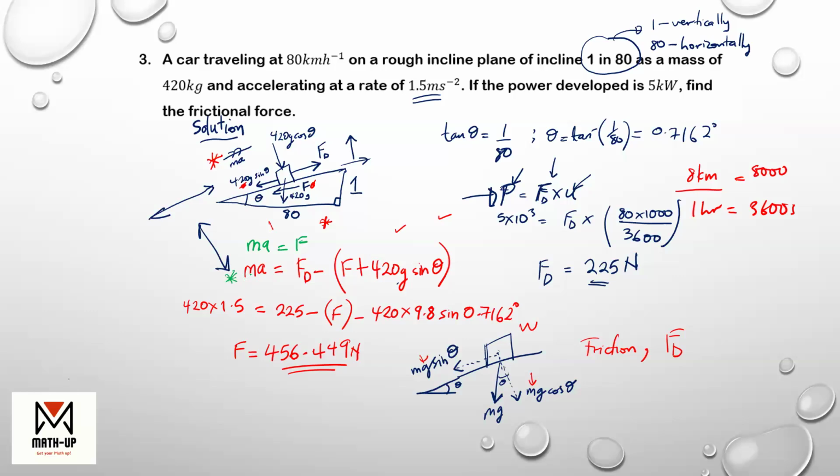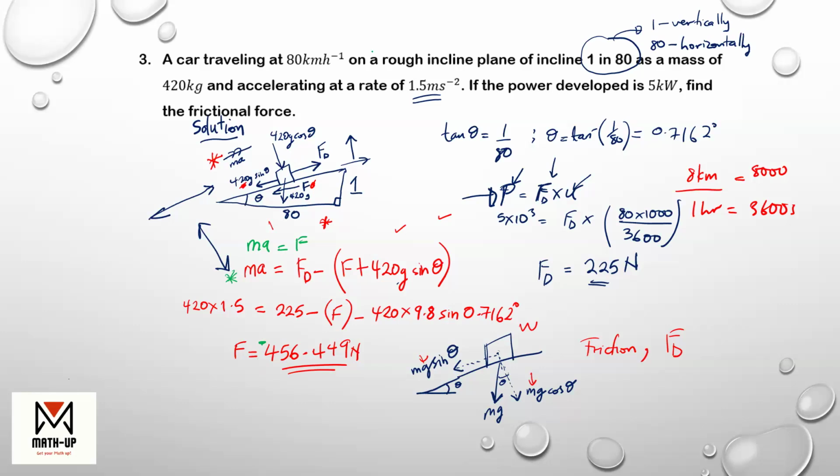So if it's going up the plane, then every force pointing in that direction is positive. And from our analysis, oh yes, friction is negative, sorry.